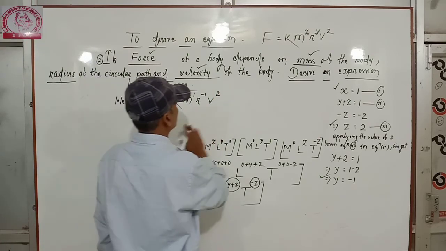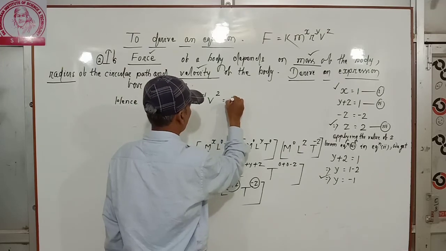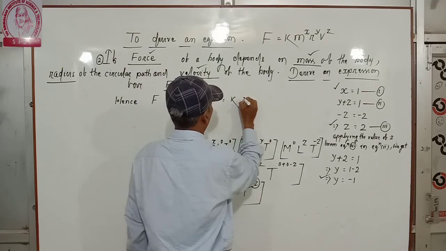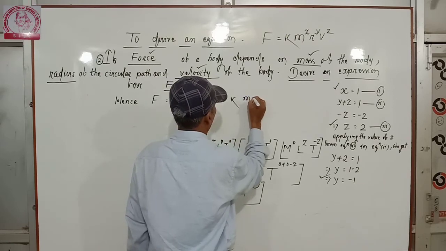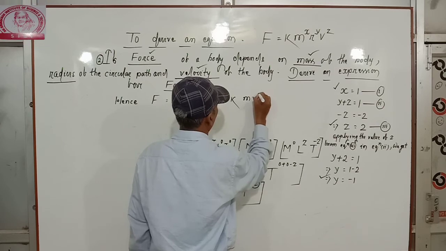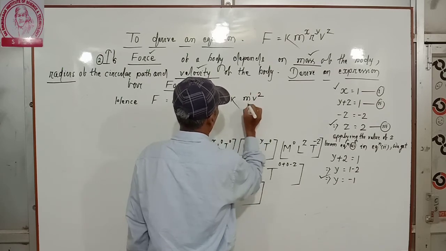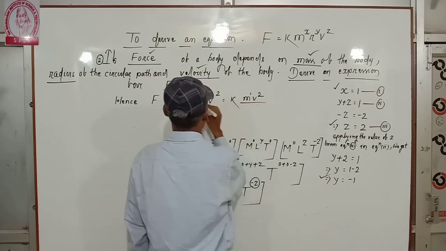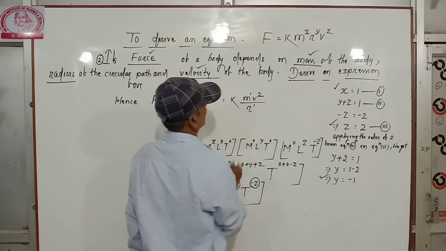Clearly you can write this is equal to k m v square, m to the power 1 by r to the power 1.